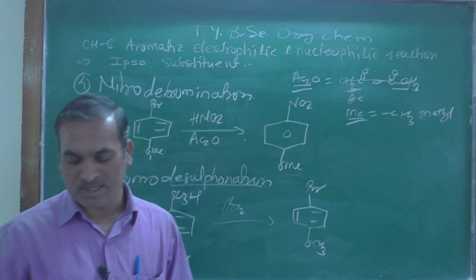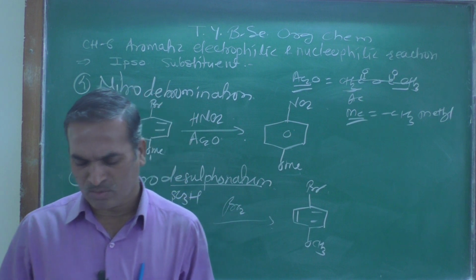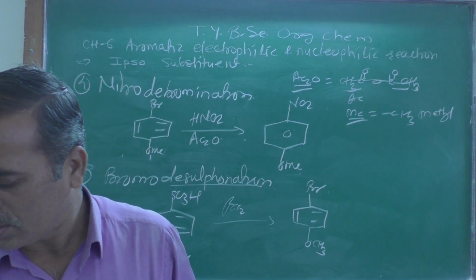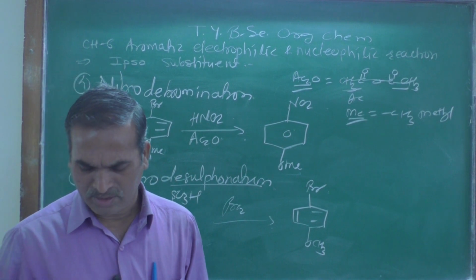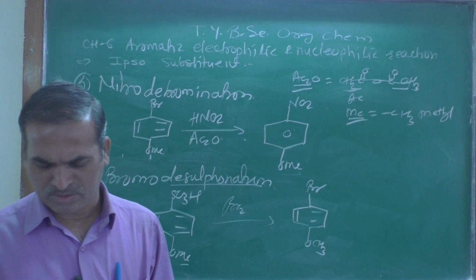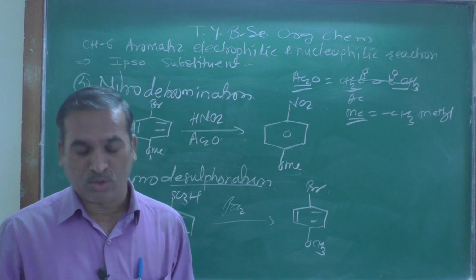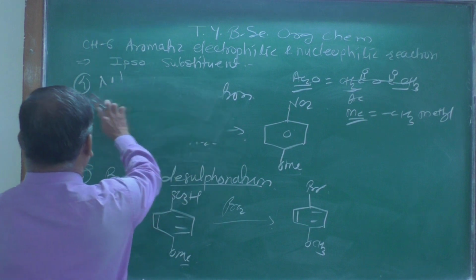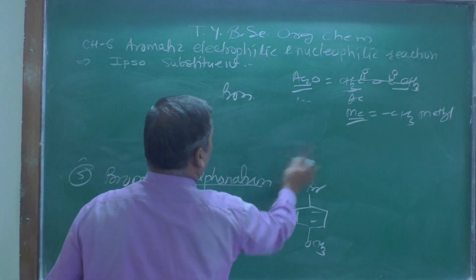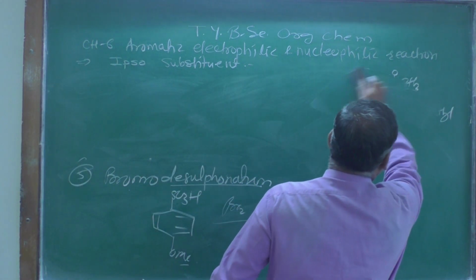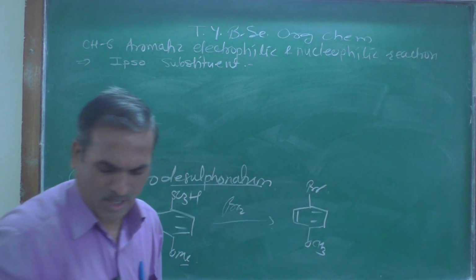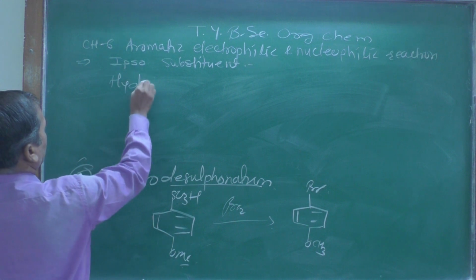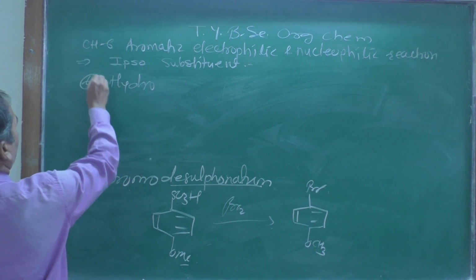So all these reactions we can call bromo-desulfonation reactions. And now one more reaction is there, that is hydrodealkylation. The sixth reaction may be hydrodealkylation reaction.